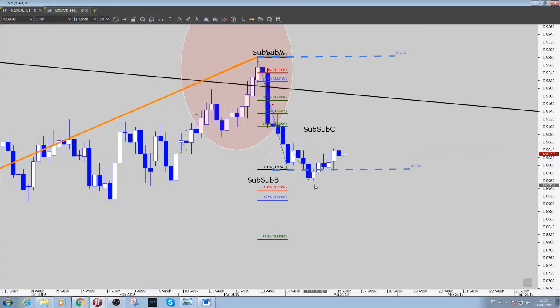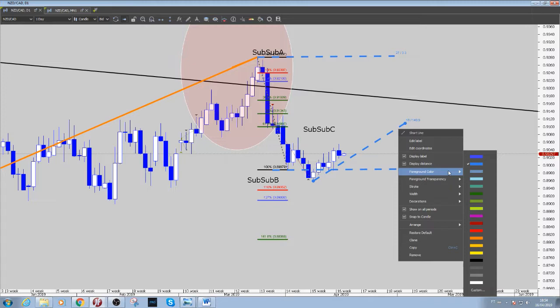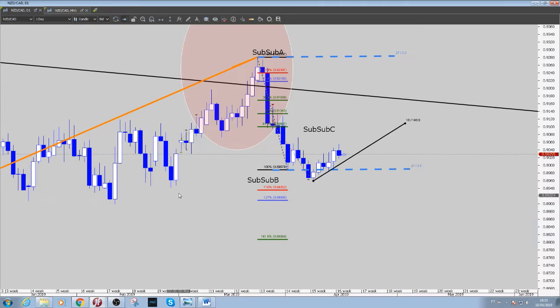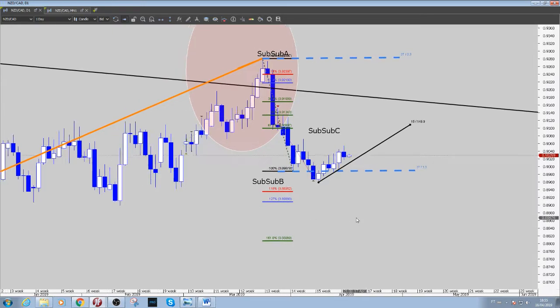So if the news is going to be bad, this is going to be the counter trendline break, like this and this. If the news is going to be bad, the NZD is going to fall, right?